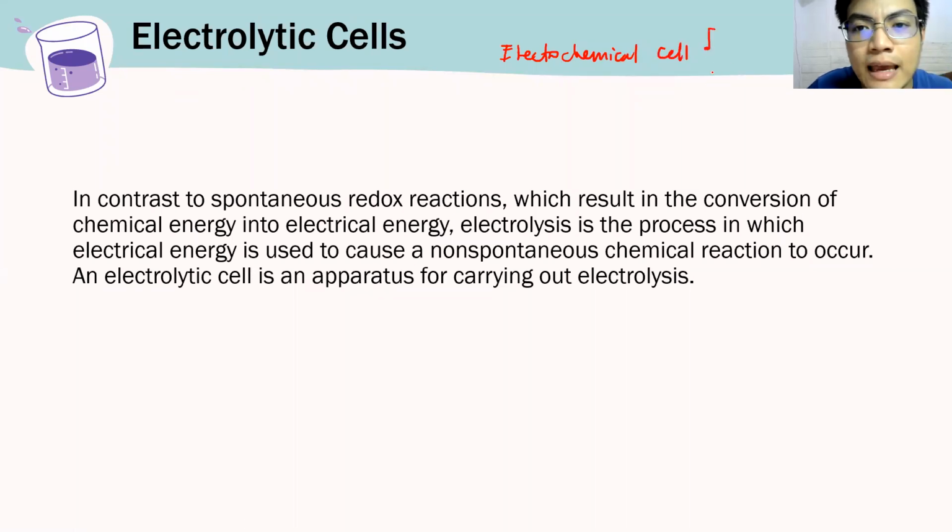One is voltaic and the other is electrolytic. We know that voltaic cells spontaneously produce electricity, meaning that these cells have a potential value of positive numbers. So positive yung kanilang mga potential.